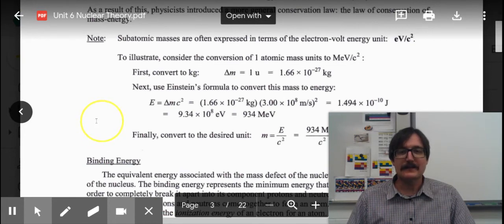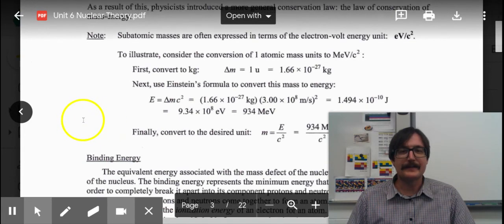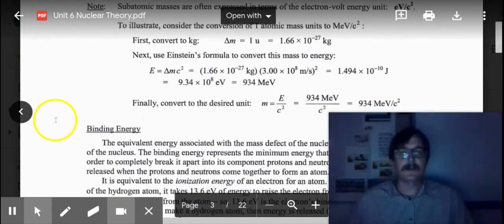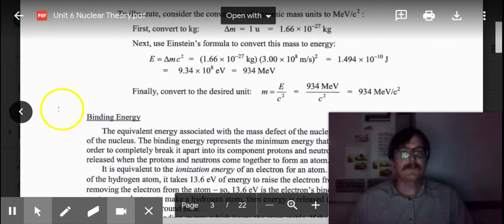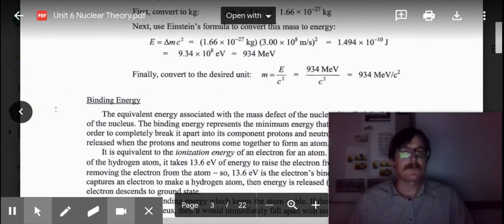Next, use Einstein's formula to convert this mass to energy. So E equals delta m c squared. Calculate this, and you get 1.494 times 10 to the -10 joules, which is about 934 mega electron volts. Finally, convert it to the desired unit. In other words, m is E over c squared, so just put 934 MeV over c squared.